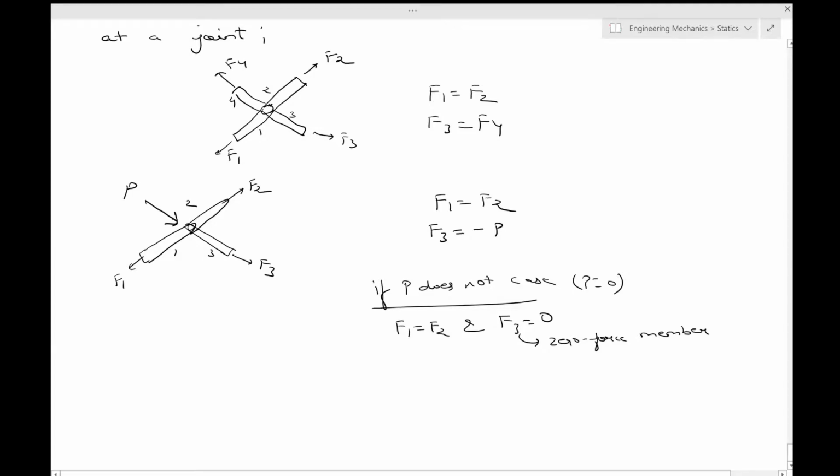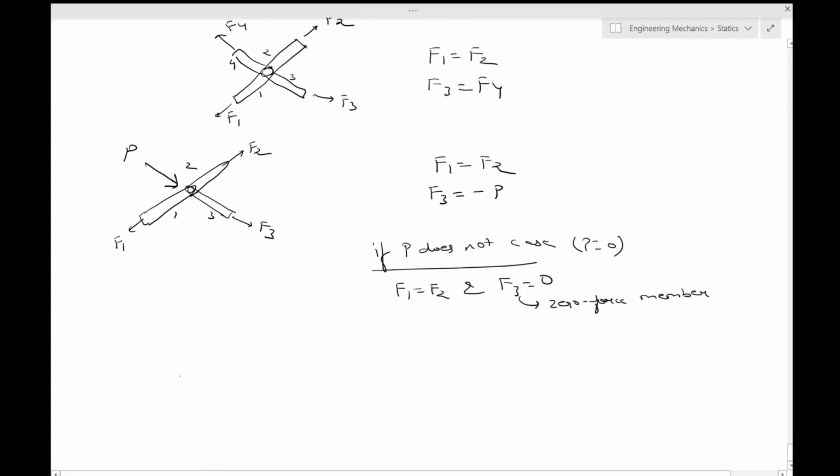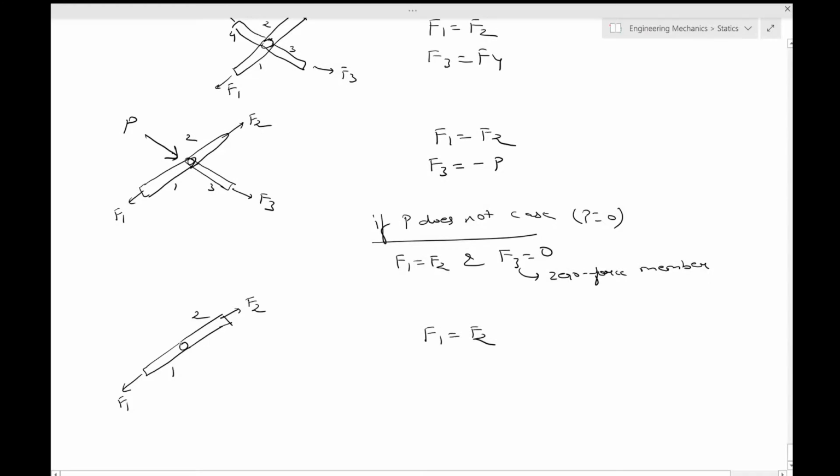Fine. Now let's take up a joint like this. You have F2, so in this case clearly F1 will be equal to F2, because there is no other force other than these members on this joint.